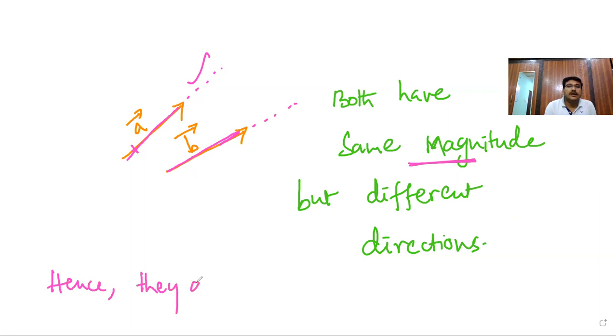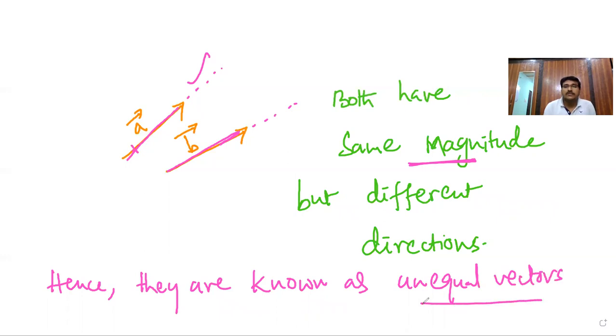Hence, they are known as unequal vectors. Clear? What is the final conclusion?